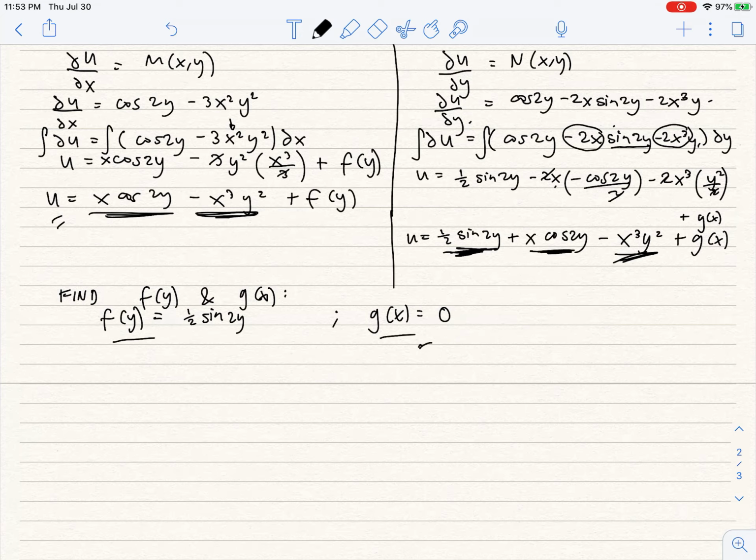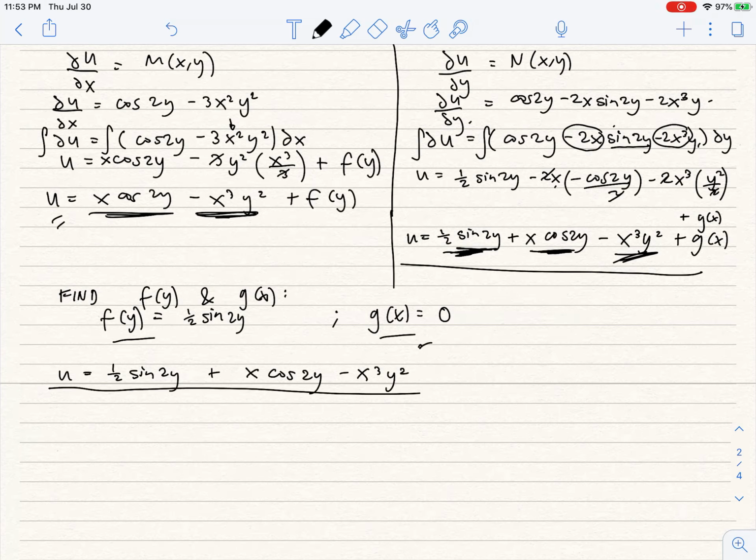So kana atong pilion. So u now is just kani di ba? Diri ta mag-focus u now is 1/2 sine 2y plus x cosine 2y minus x cubed y squared plus g of x, which is 0, so as is lang. So therefore, we now have the value of u without the arbitrary constants f of y and g of x.